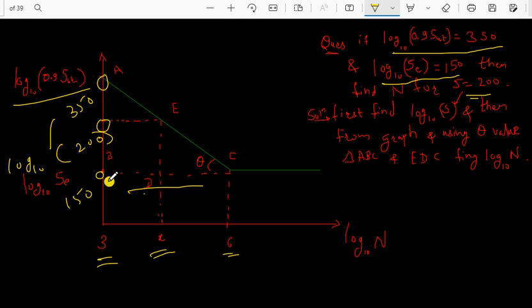Now you know this side of the larger triangle and this side also. So without finding theta also, you can find the required value. If you put opposite upon adjacent, this is point A, this is point B, AB divided by BC. You know both these values, right?